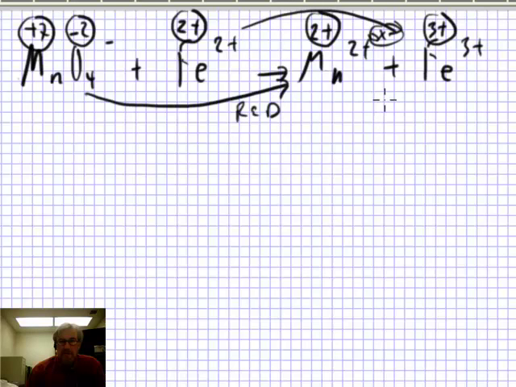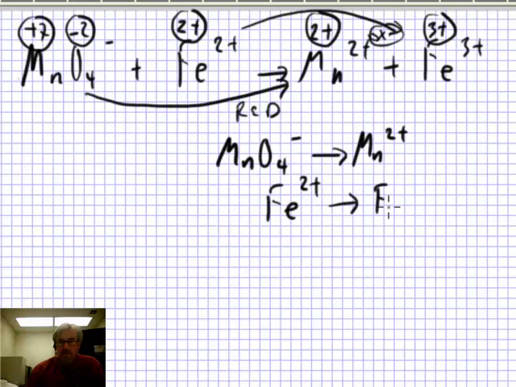So I'm going to split this into half reactions at this point. So the reduction half reaction, MnO4 1- becomes Mn2+, and the oxidation half reaction, Fe2+ becomes Fe3+. Working on the top half reaction, Mn is balanced, but oxygen isn't. I have 4 extra O's on the left, and so I'll add 4 waters on the right.